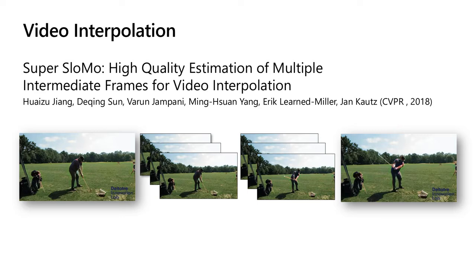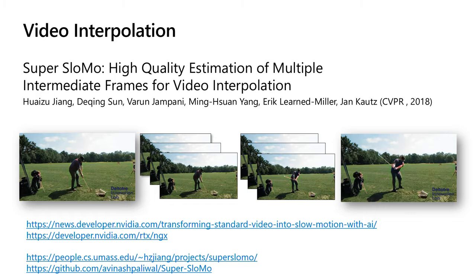The official implementation is not open source, but is available in the NGX framework, which is a new SDK from NVIDIA that lets us, using the new RTX graphics cards, implement these kinds of solutions, as well as super image resolution, super video resolution, and other interesting AI-related projects.